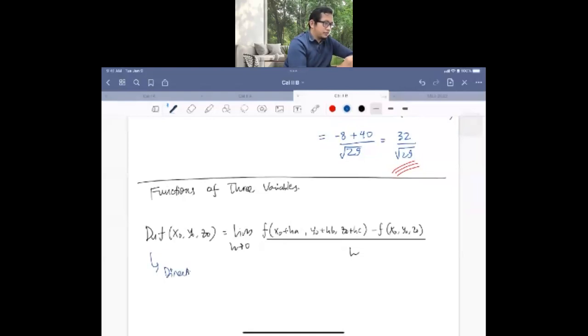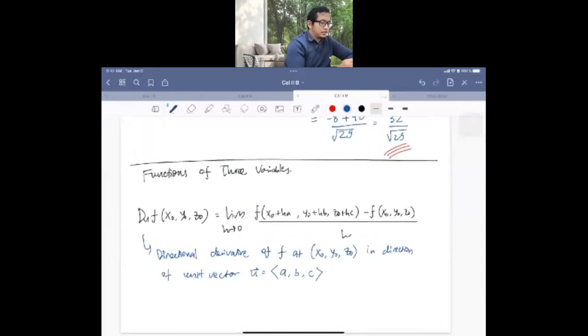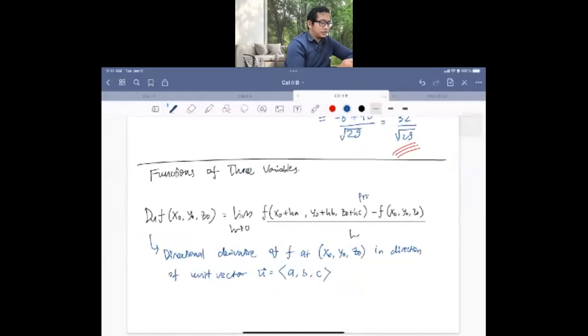This is the directional derivative of f at x0, y0, z0 in the direction of the unit vector. Let's say we have unit vector a, b, c, provided this limit exists.